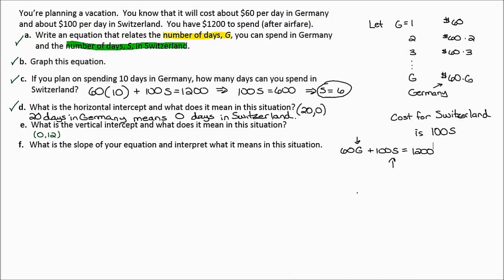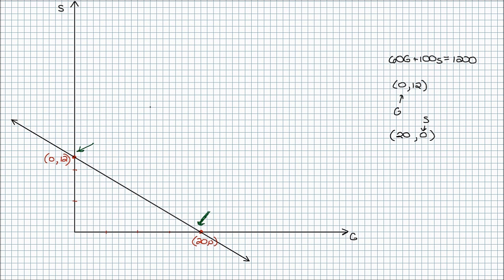Finally, we have to ask ourselves what this last little bit, this last question is all about. What's the slope of your equation? Now, the slope of our equation can be determined more easily from the graph itself. So let me go to the graph. Slope is rise over run, and notice in this case we actually fall.